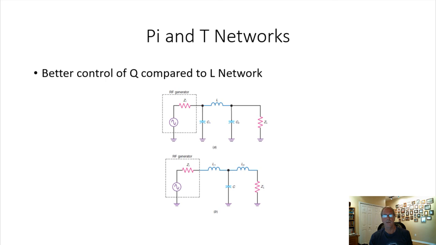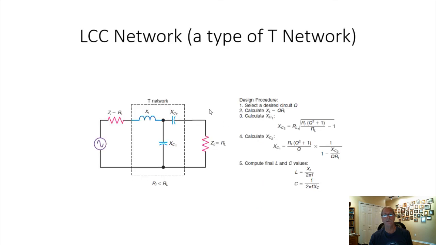All right, let's see. So this is a type of a T network, an LCC network. And there's a design procedure for it. You select the Q, calculate the inductive reactance, calculate the capacitive reactance of this capacitor, C1.